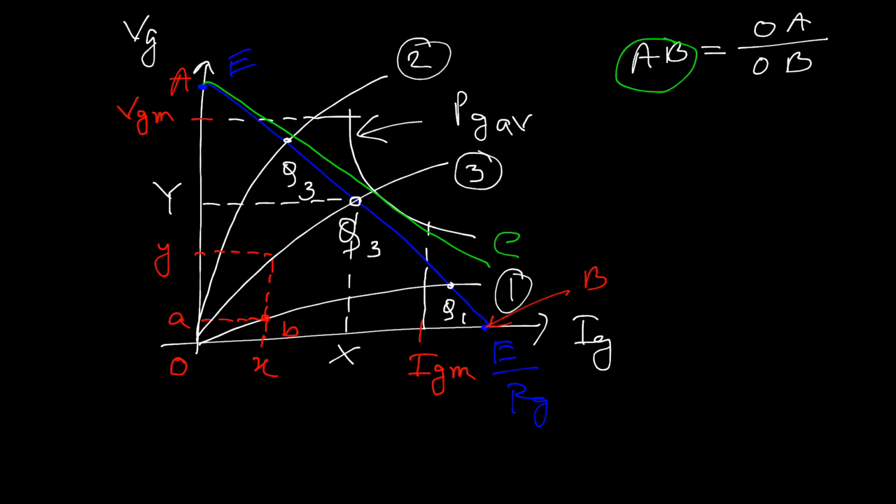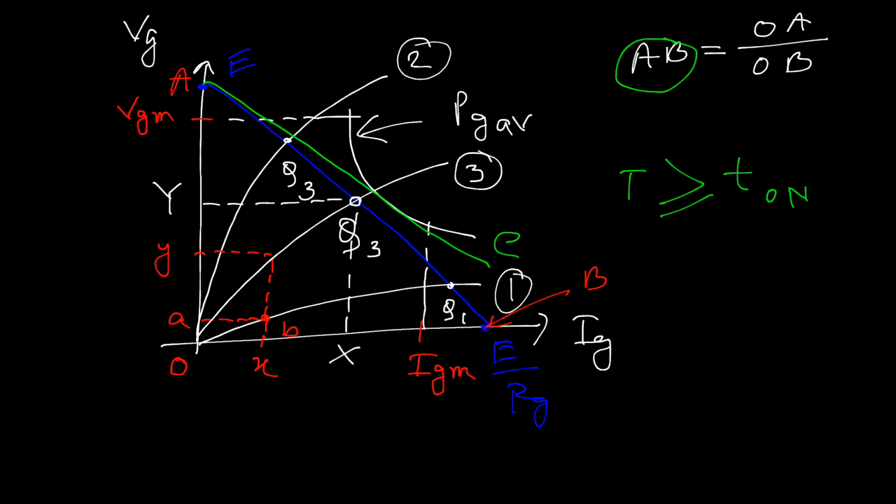Therefore, the gate pulse width must be greater than or equal to the SCR turn-on time, that is, the width of the gate pulse T should be greater than or equal to T turn-on of any thyristor. Okay?